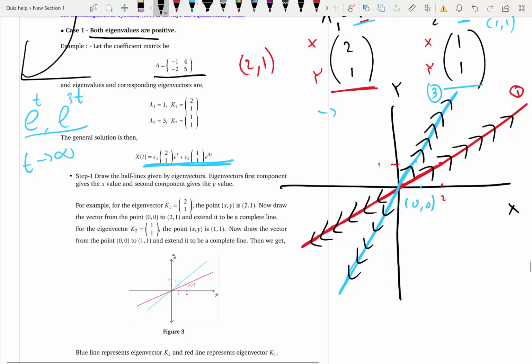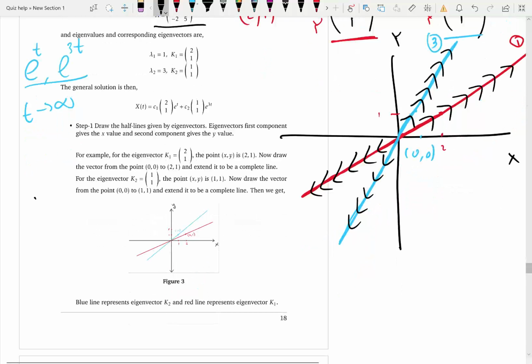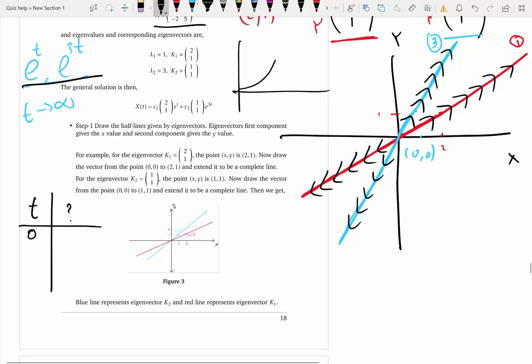Here's the hardest part to digest. These solution curves are like a table: you have time and you have what happens. In the beginning of the time, when t is small, what do e^t and e^(3t) look like? The exponential growth graph, y equals e^t, is still small when t is small.